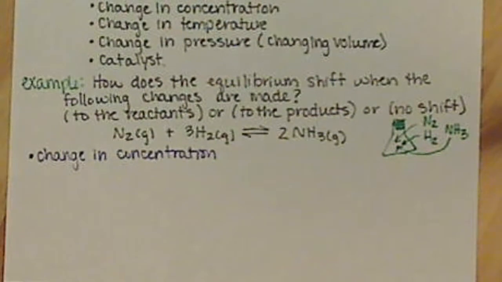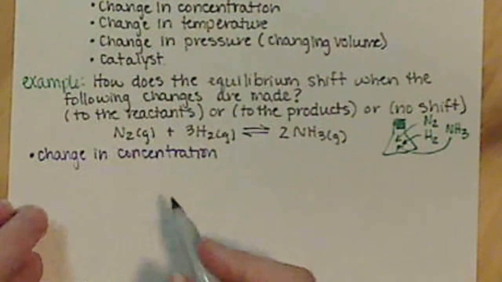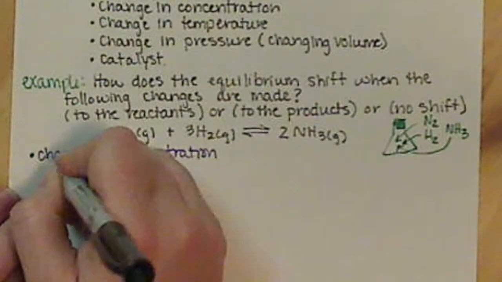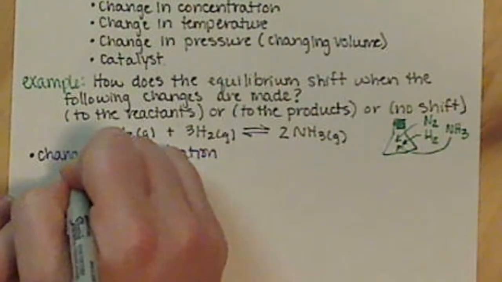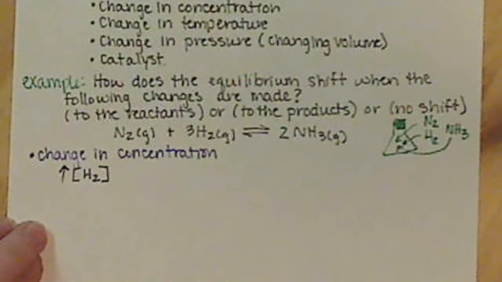So what we want to say is, if we want to change our concentration, let's do this by, say, increasing our concentration of hydrogen. We're going to add some hydrogen gas into there.